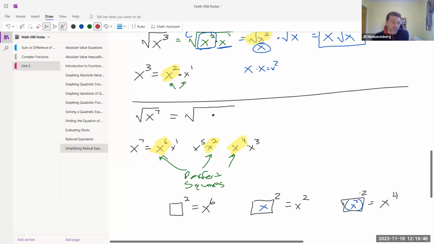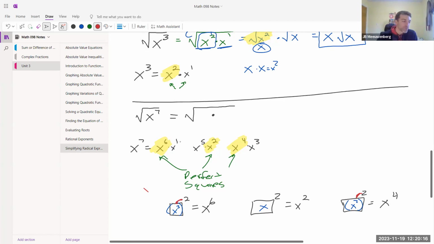Because of that power rule. Remember how we multiply these numbers? Well, what about this one? What squared equals x to the sixth? Might need to stare at this one for a minute. X to the third. X to the third to the second is equal to x to the sixth, because we would multiply these two things.